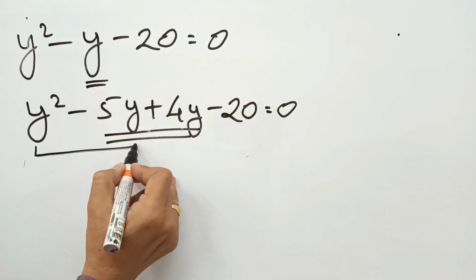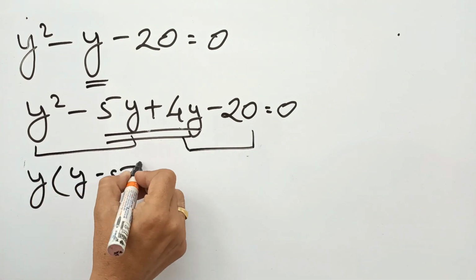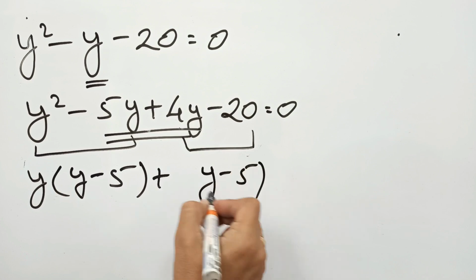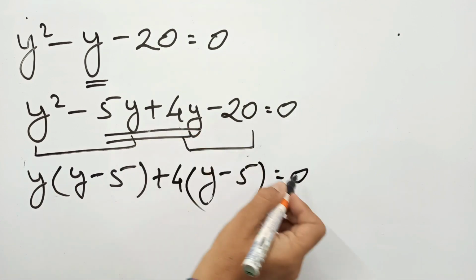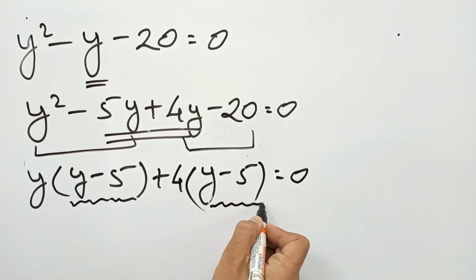Now in this pair we will take y common, and here 4 common. And the whole expression y minus 5 is common.